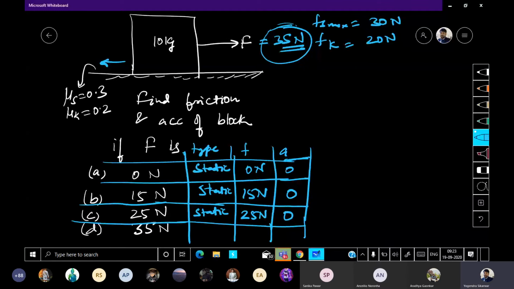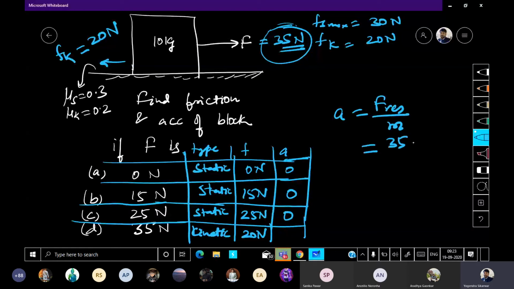The moment static friction surrenders, kinetic friction comes into the picture. So this time the force will be Fk, and the value of Fk is fixed. How much is that? It remains 20 Newton. So this time friction will be kinetic, and Fk will be 20 Newton. Now acceleration, everyone please pay attention. Acceleration will be F resultant by m.